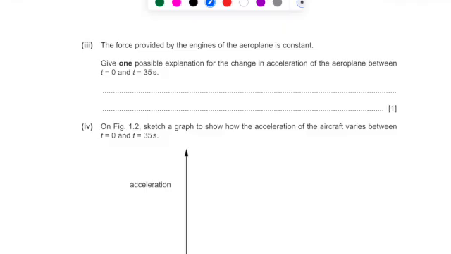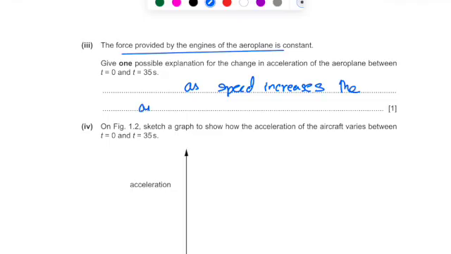Give one possible explanation for the change in the acceleration of the aeroplane between t0 and t35. Why is there a change in the acceleration though the force is constant? Because we know that as speed increases, the air resistance increases. That is the reason the acceleration decreases.